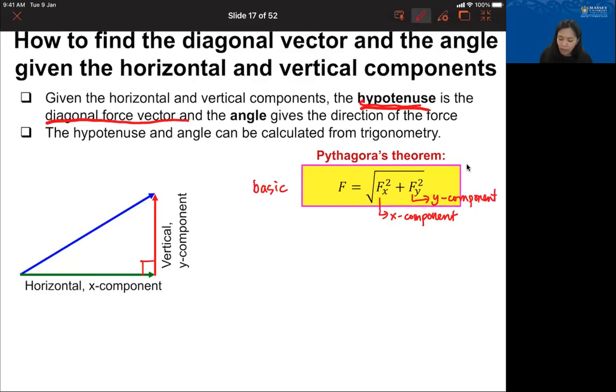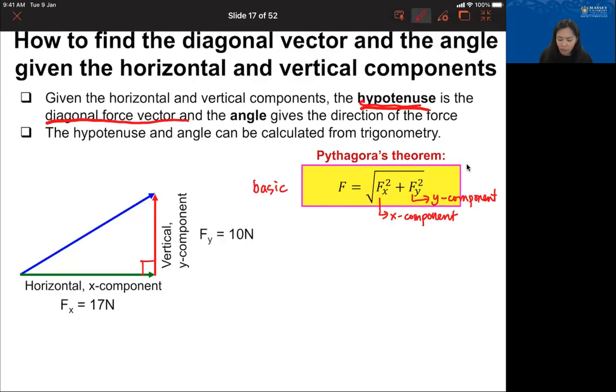You square the x component, and you know the x component because you've solved the net force along the horizontal. You square that, and then you also square the y component, add them both together, and then get the square root, and that will give you the net force, the hypotenuse or the diagonal vector.